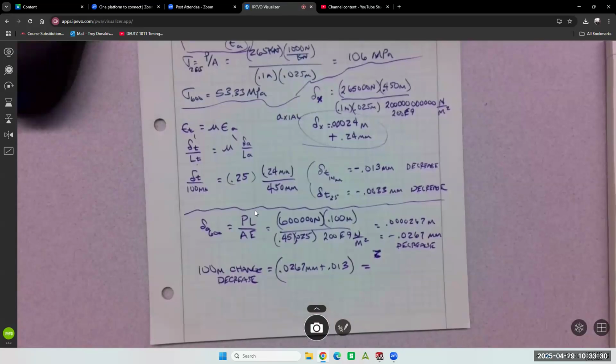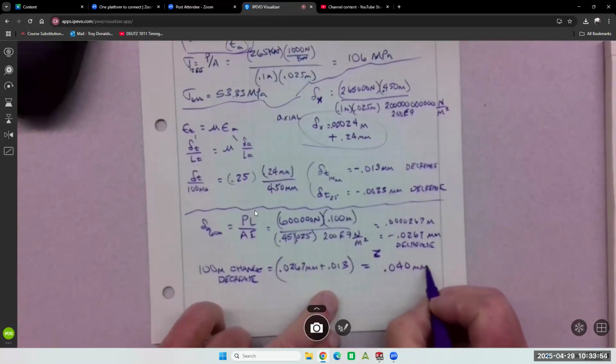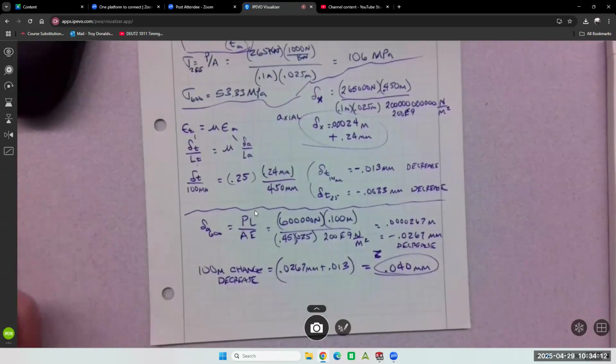And we can get that number because we don't need the transverse for that. 0.03... 0.040, I would round it. One of our answers. Whew. Crazy stuff.